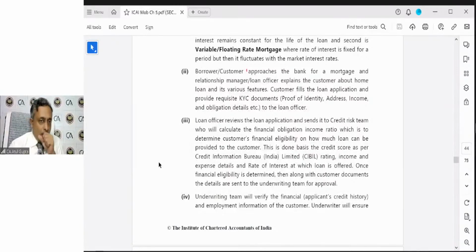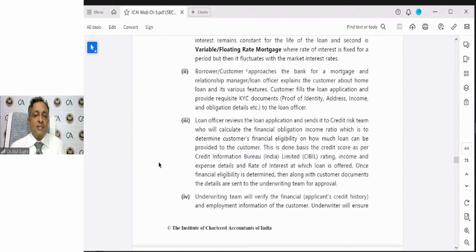Then the borrower customer approaches the bank for a mortgage, and the relationship manager or the loan officer explains the loan and its features to the customer. The customer fills the application and provides KYC documents, including income certificate, other liabilities the customer is carrying, and other loan details, if any.